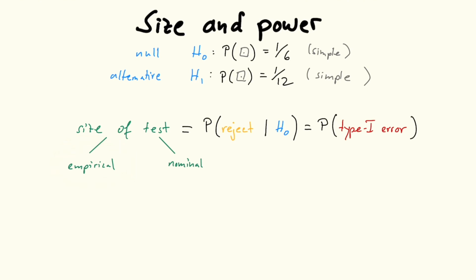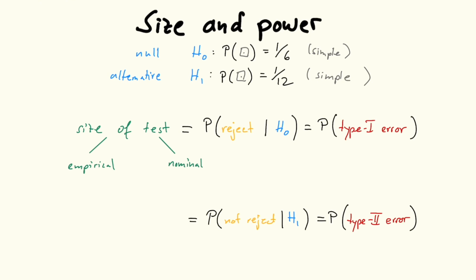Using similar notation, we can think about the probability of not rejecting if the null hypothesis is false, so if we are operating under the alternative. Not rejecting when the null hypothesis is false means committing a type 2 error. So this is the probability of type 2 error.